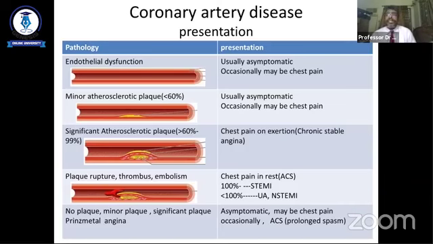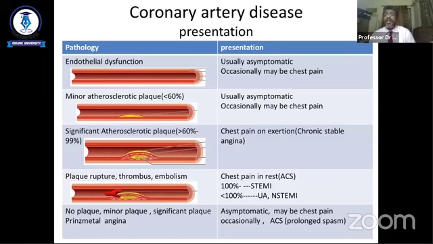Acute coronary syndrome usually occurs when there is a total or subtotal obstruction of the coronary artery due to some pathology within the coronary artery. It may be due to an atherosclerotic plaque, an embolus, a thrombus, compression from outside, or severe vasospasm.